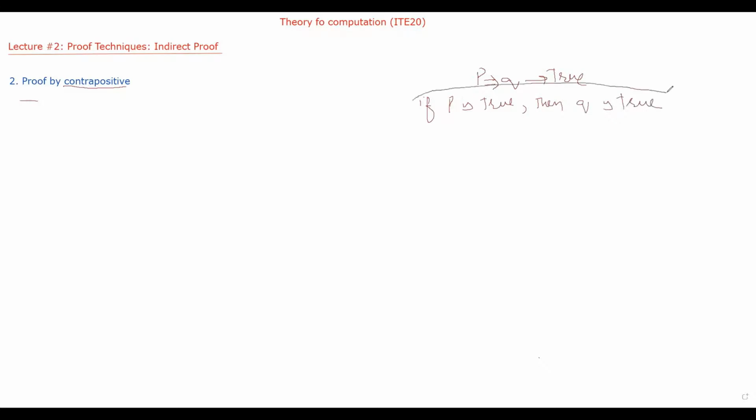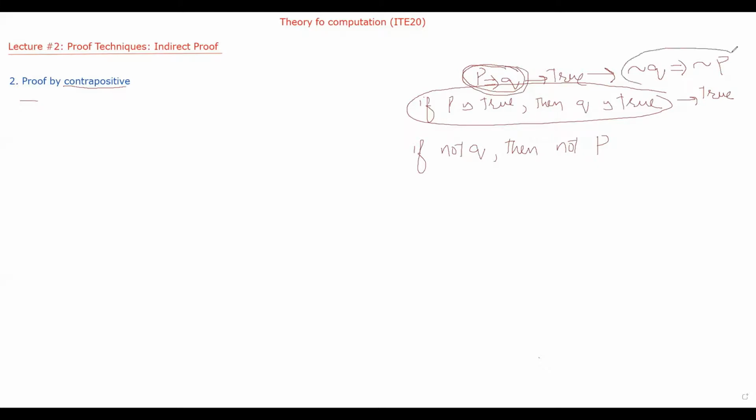Let's say this statement is true. What is the contrapositive of P implies Q? The contrapositive will be not Q implies not P. You can write it as: if not Q, then not P.